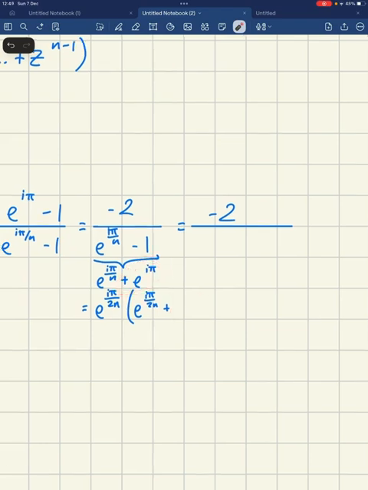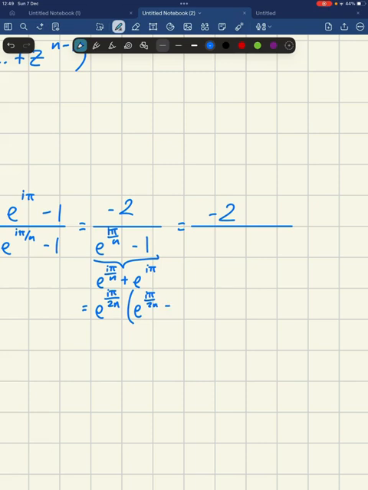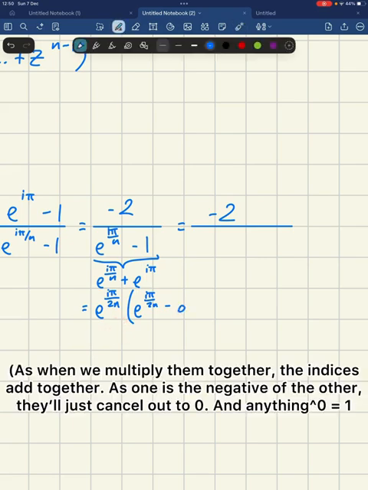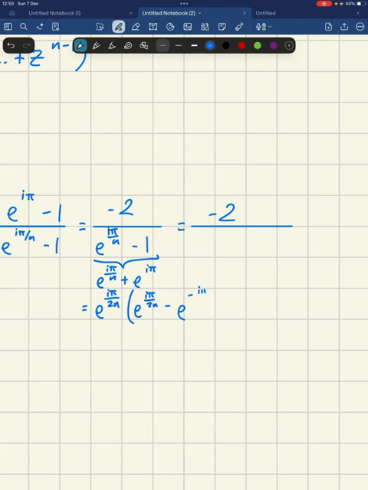Well, we know that e to the i pi is minus 1. So we want to get this times something is minus 1. So what we can do is put a minus here instead, and then we just need to get this times something is 1. Well, to get it something is 1, we just need to multiply by e to the minus i pi by 2n.